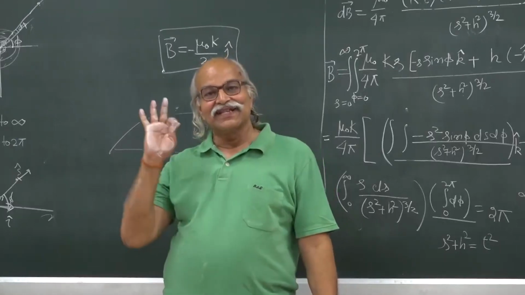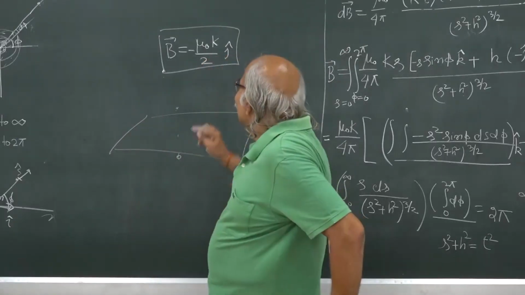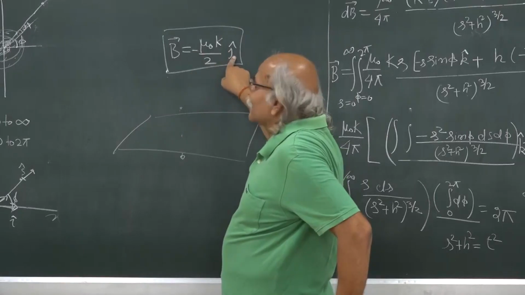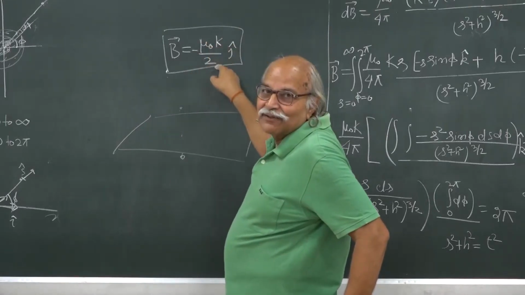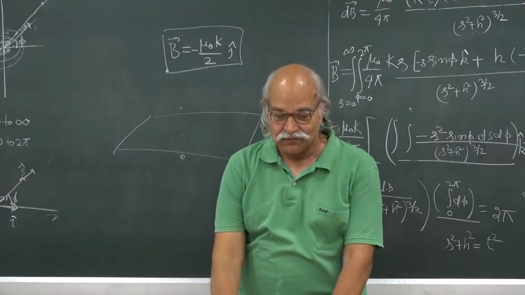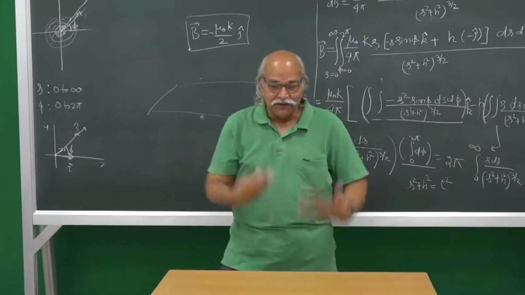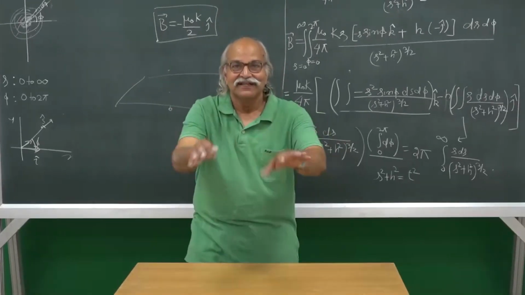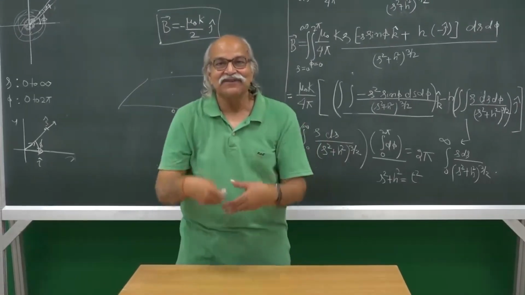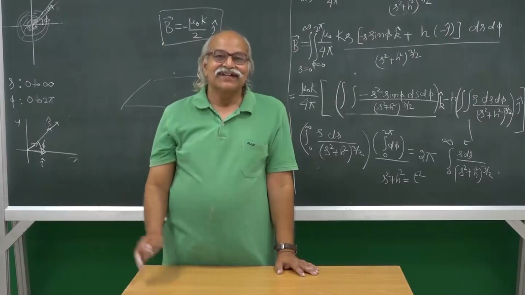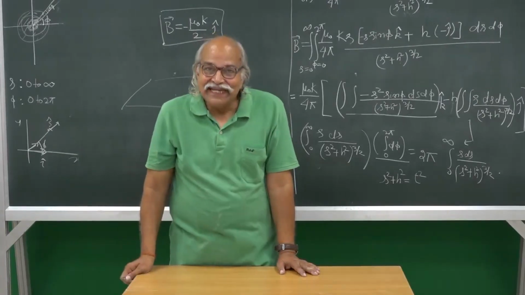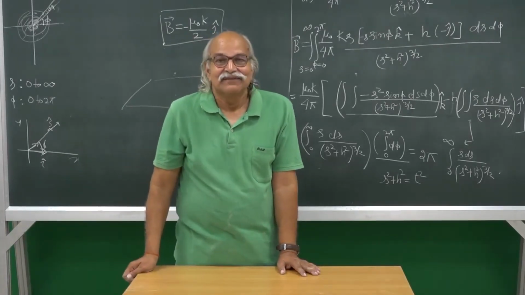I can tell you the result: it will be plus j cap, mu naught k by 2. Above the surface the magnetic field is towards me, below the surface the magnetic field is not towards me, it is away from me. So, that is the kind of magnetic field a plane surface current produces.